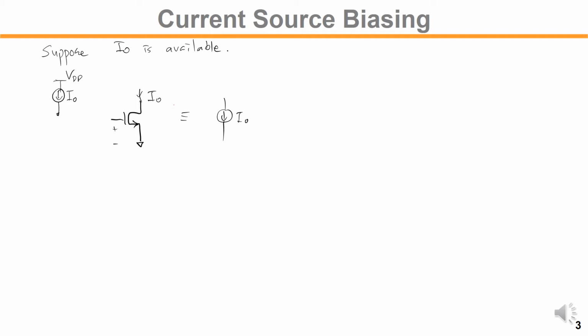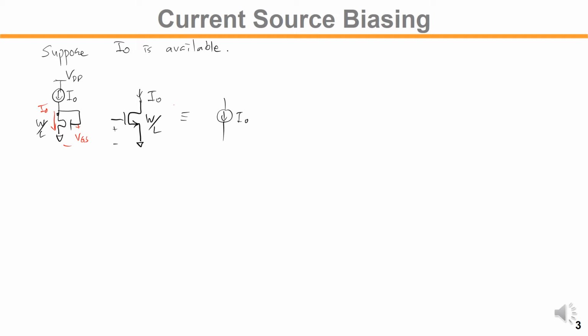We want to generate the I0. To do that, we make the same size of transistor with a diode connection. Then this transistor will flow I0 current between drain and source. To generate such I0, the proper VGS will be set up.